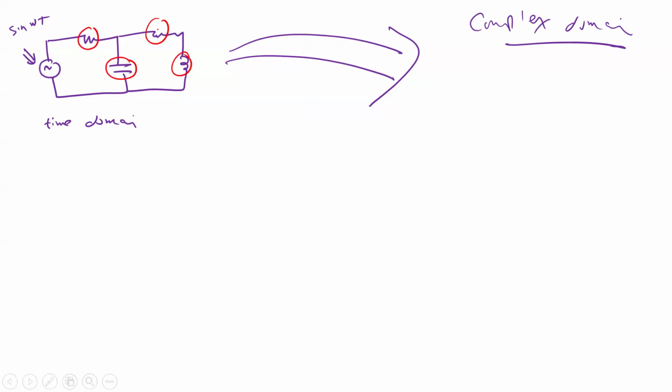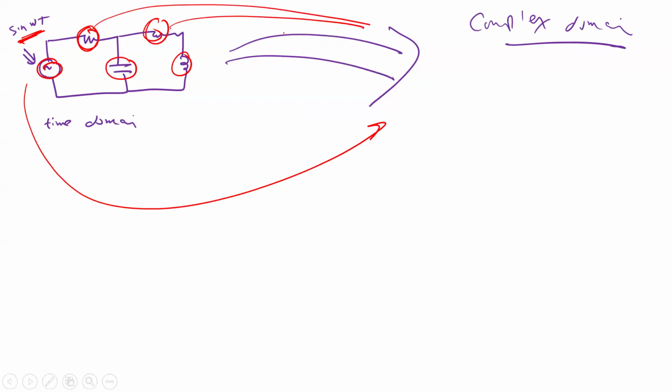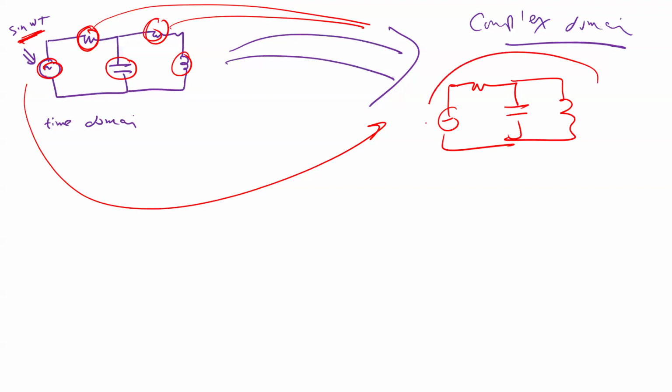I will teach you how to convert a voltage or current in the time domain to the complex domain, and the same thing for the resistors. So now I have a circuit in the complex domain, not the time domain.